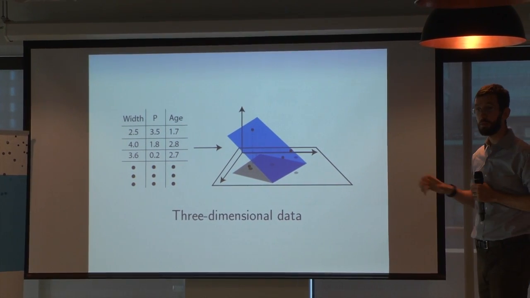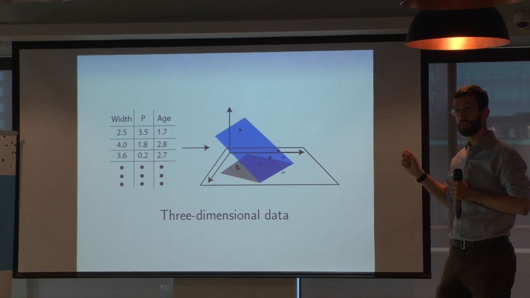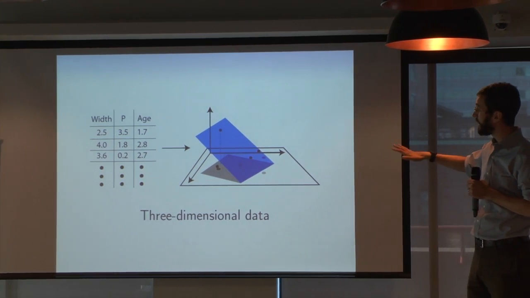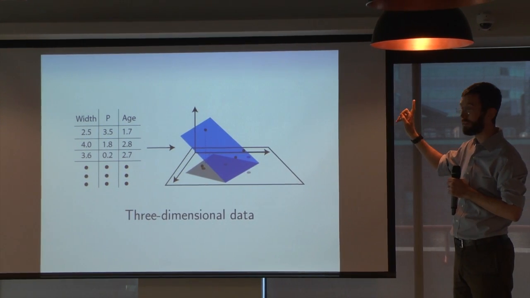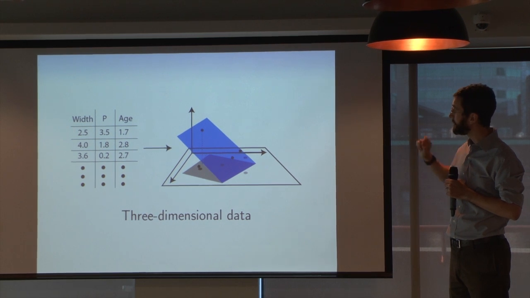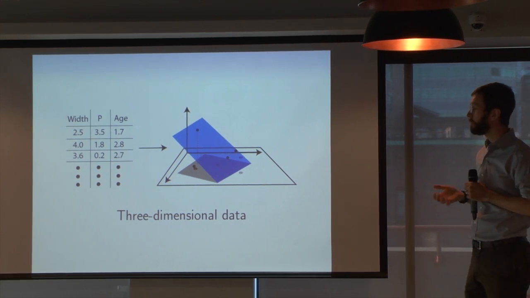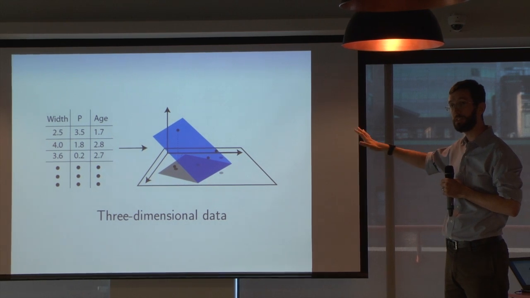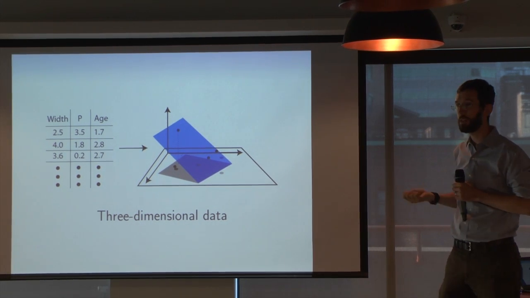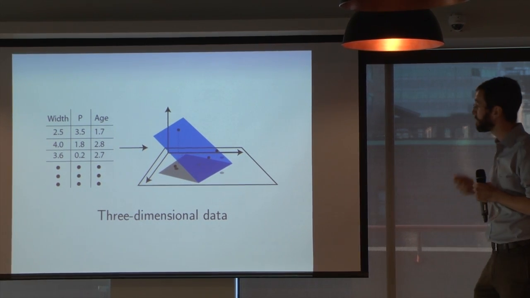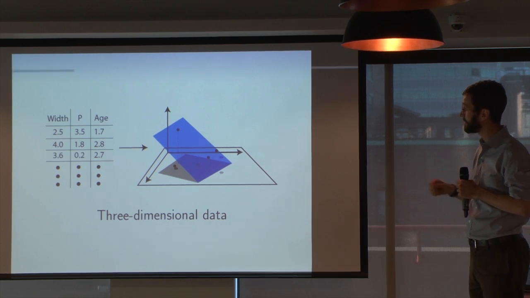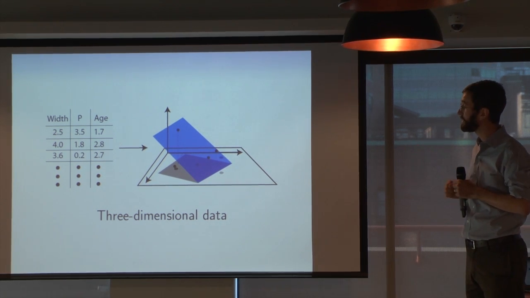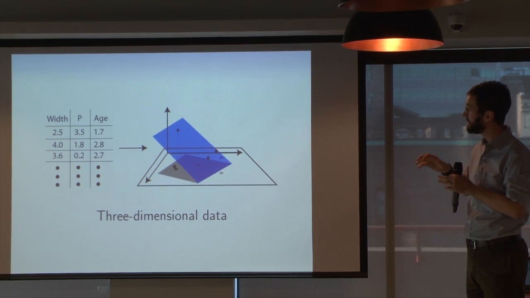So now we plot our data points. These are now three-dimensional data points, right? They have an x and a y in the horizontal plane, and then the z value, which will be the age. And similarly, we can find a plane that gets as close as possible to all those three-dimensional points. What that plane is telling us is that there's now a three-dimensional probability distribution, a cloud in three-dimensional space that's denser in some places and lighter in others.